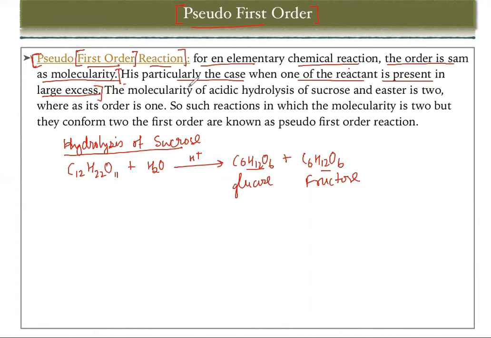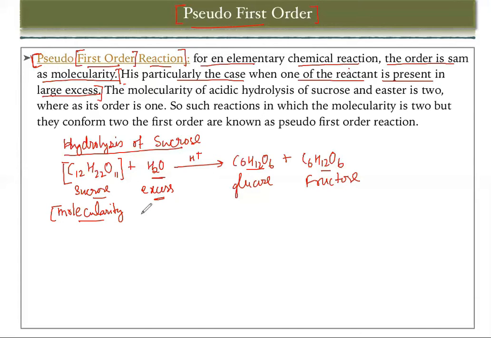Now if we see the molecularity of the reaction, as I can see, in one part sucrose is there, and in the other part water is there. This water is present in the excess amount. So in this reaction, it is very clear that two molecules have participated in the initial form.